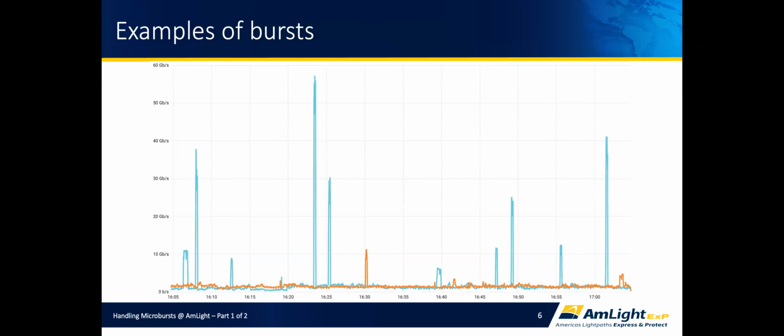And this is an example. This was 2 days ago. This is production traffic. It's just to show those bursts, right? So those peaks of blue and the orange lines represent bursts. You have very short ones here, multiple seconds. But you see that most of the time the network is pretty quiet. This interface at least is very quiet, 3 to 4 gigabits per second.